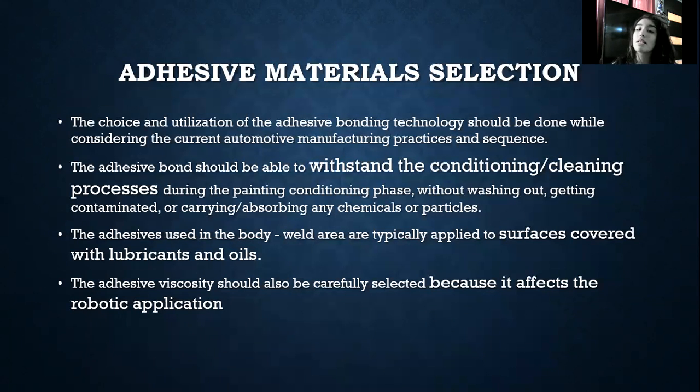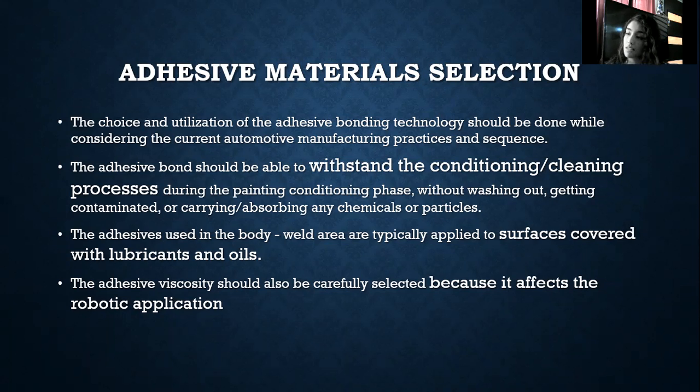Adhesive material selection. It's important to select the correct adhesive material, and the adhesive must withstand the conditioning and cleaning processes. The adhesives used in the body weld area are typically applied to surfaces covered with lubricants and oils. The adhesive viscosity should also be carefully selected because it affects the robotic application.